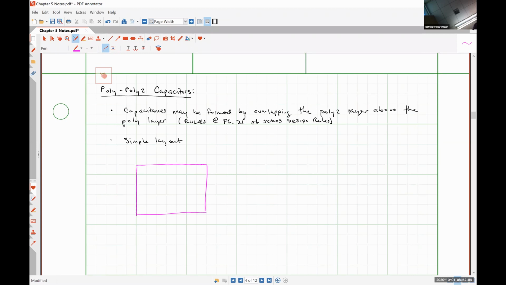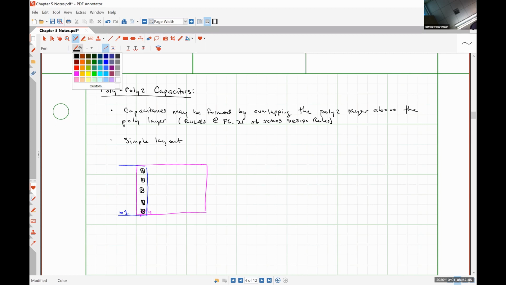This is our poly or poly 1 layer. And then obviously we would need to have some metal 1 to serve as an electrode, and we would put in several vias to make the contact between the metal 1 layer and the poly layer.